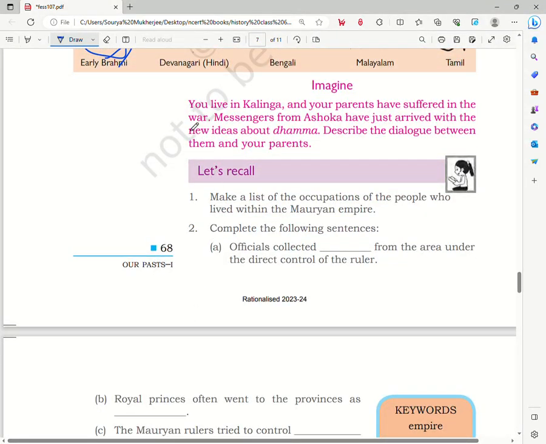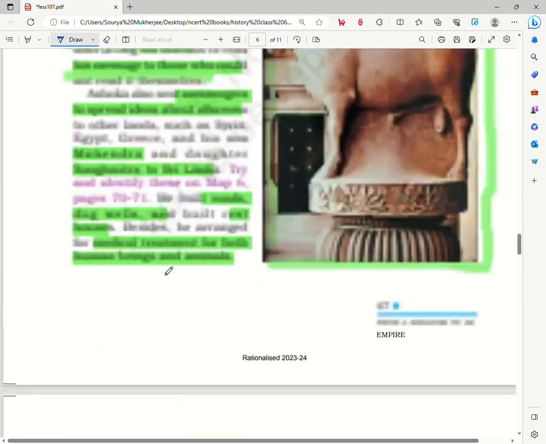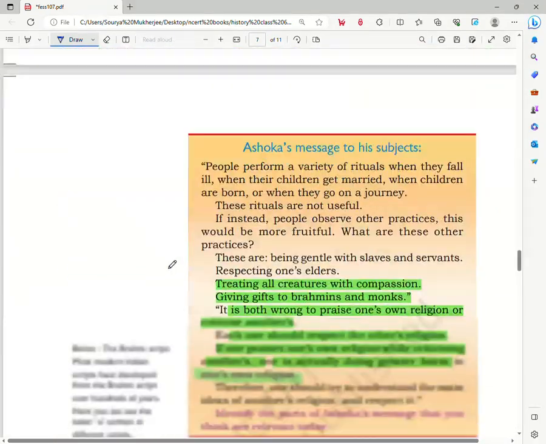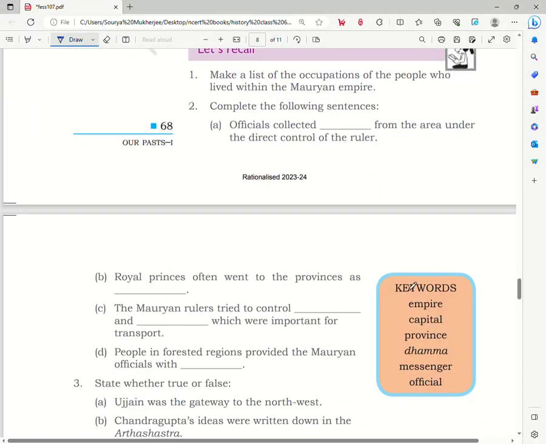So now we come to the end of this chapter. Let us see the keywords quickly. The keywords are empire, a very large kingdom that covers a vast land area and comprises different types of peoples and groups. Capital is the capital city from which an empire or a province is governed.